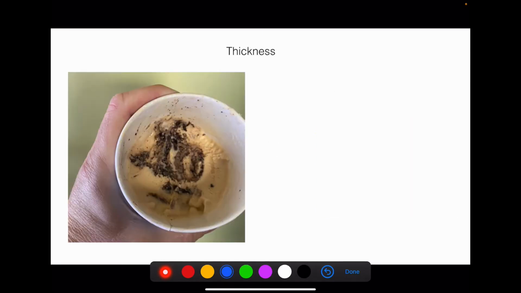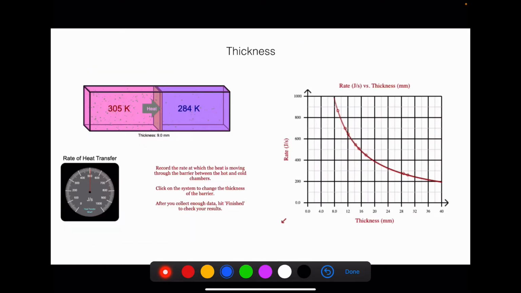The first factor is the thickness of the barrier. Thickness is going to go by the letter L, and we're going to measure it in meters. We studied this in lab, and we found that as thickness got larger, the rate of transfer got lower. So we could see at 36 millimeters, we had about 200 joules per second passing through our barrier.